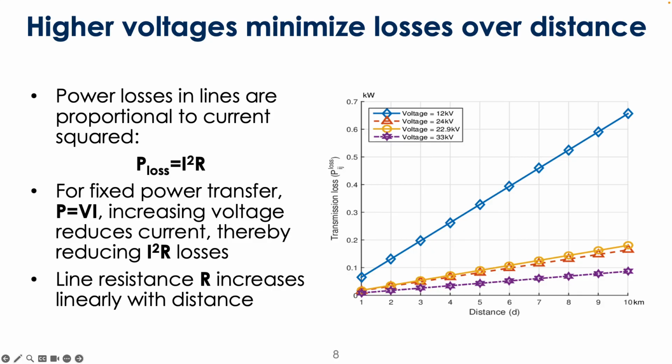As you go up to higher voltages, your power loss will decrease. This displays what that looks like even in the distribution system, but in the transmission system it'll be even lower, because our voltages are even higher. While loss increases linearly with distance, the decrease as I go to higher voltages is nonlinear because of the I squared term.